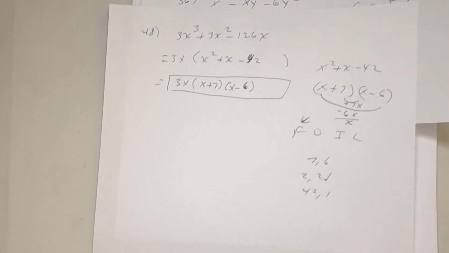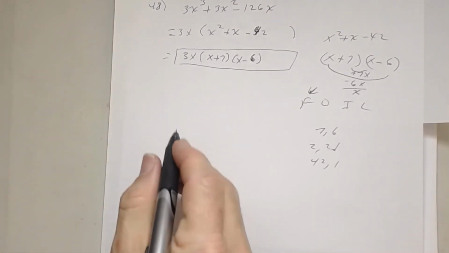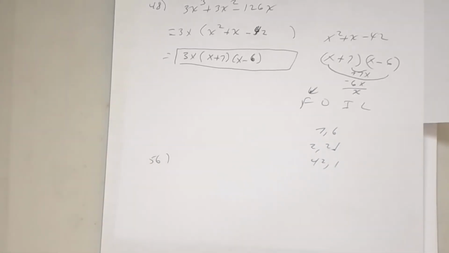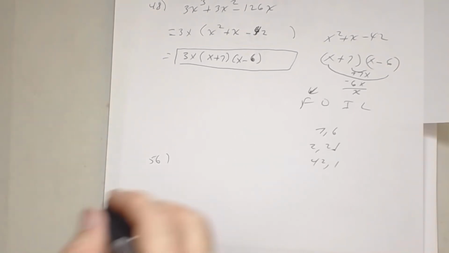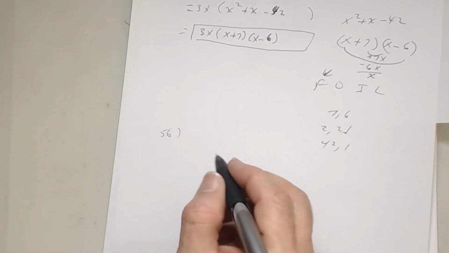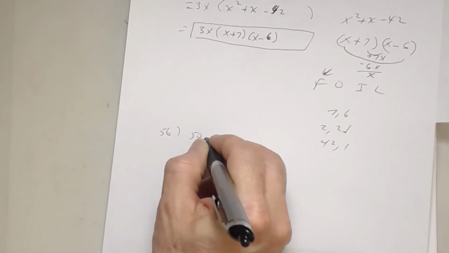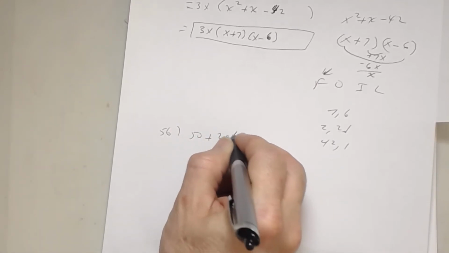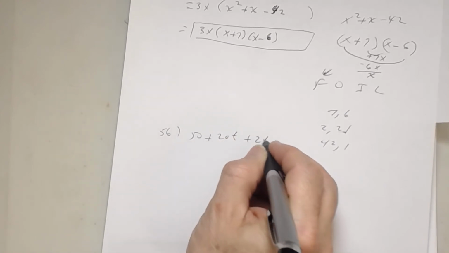All right, and then let's try 56. You have 50 plus 20t plus 2t squared.